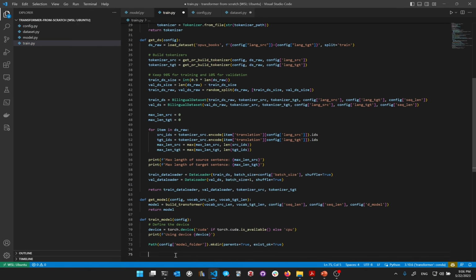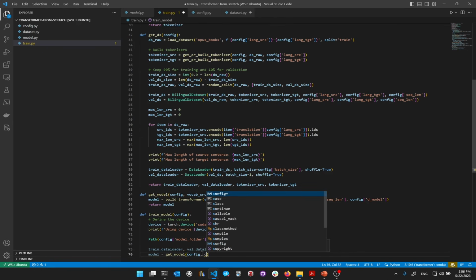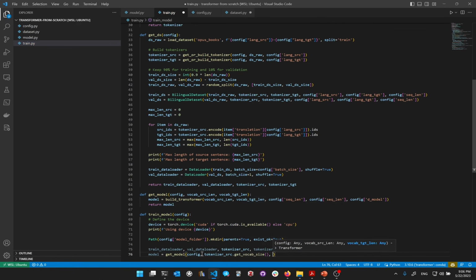And then we load our dataset. We can just take these values here and say it's equal to get ds of config. We also create the model. To get the vocabulary size, there is a method called getVocabSize, and I think we don't have any other parameter.